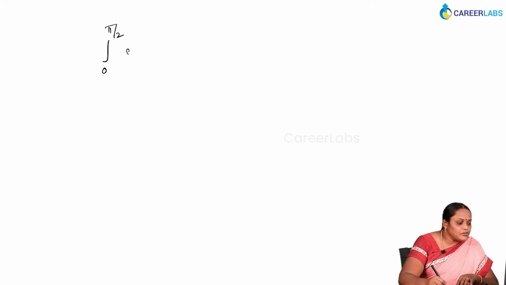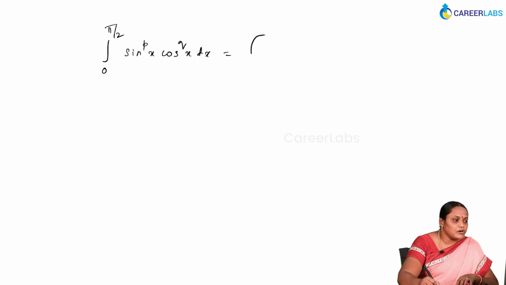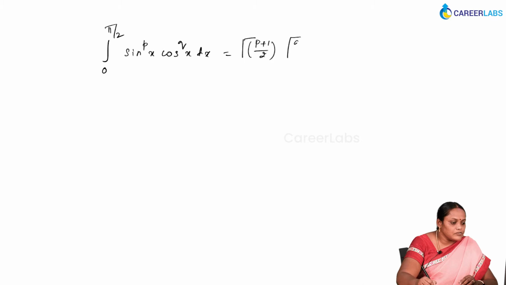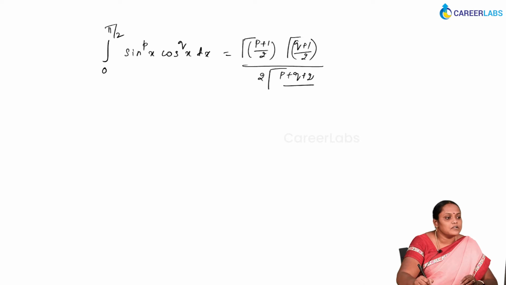Integral 0 to pi by 2 sin to the power p x cos to the power q x dx is equivalent to gamma of (p plus 1) divided by 2 into gamma of (q plus 1) divided by 2, divided by 2 times gamma of (p plus q plus 2) divided by 2.